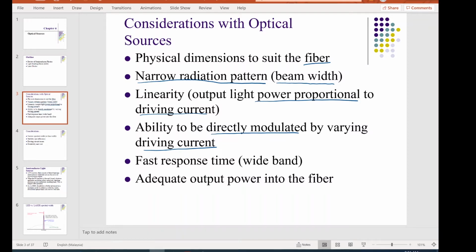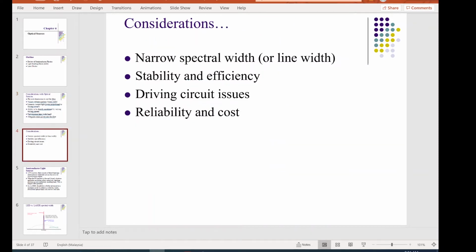And when we're talking about optical fiber communication technology, it is about a very fast process. So we need a fast response time as well, and it has to be wide band, and the power must be enough that we can provide into the fiber.